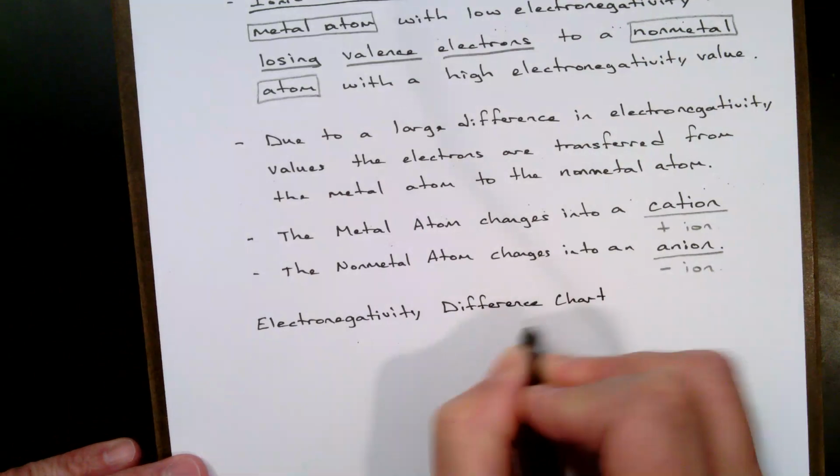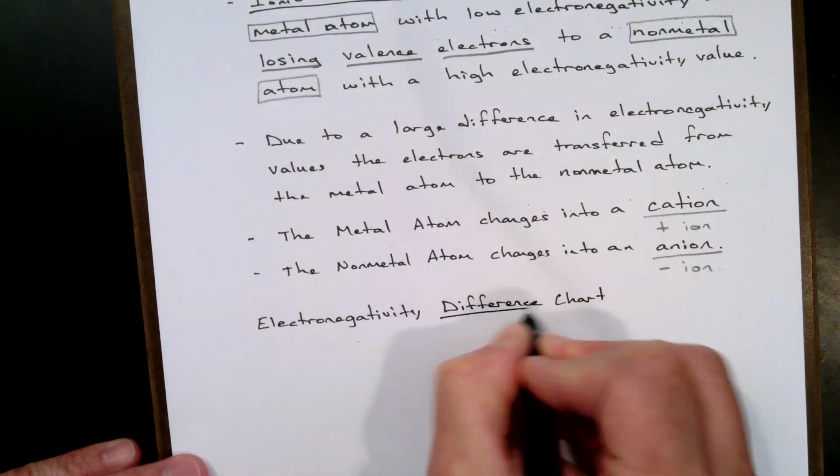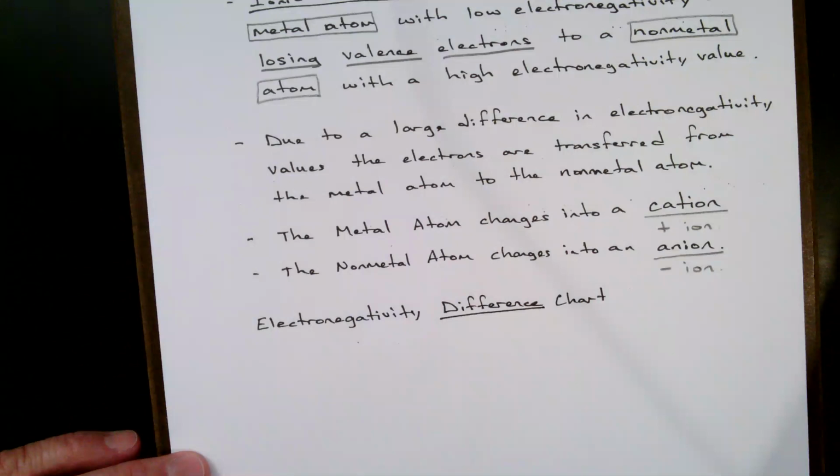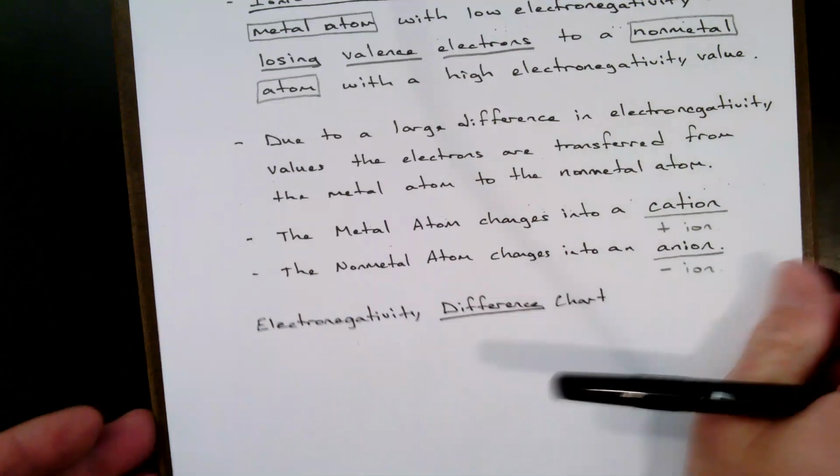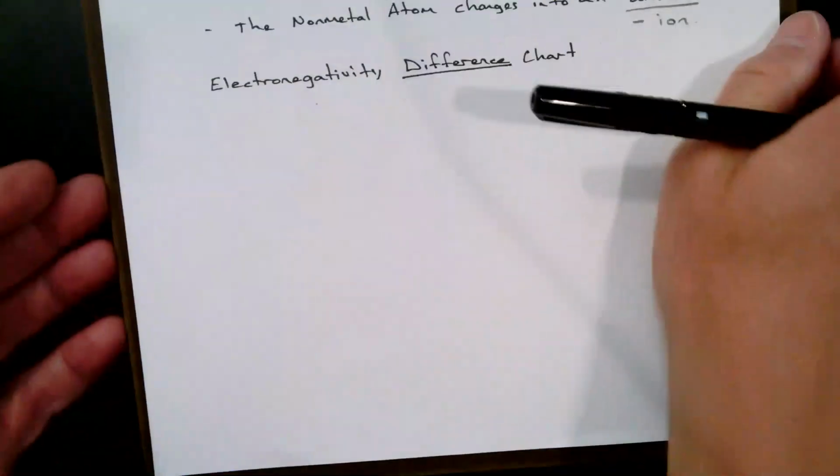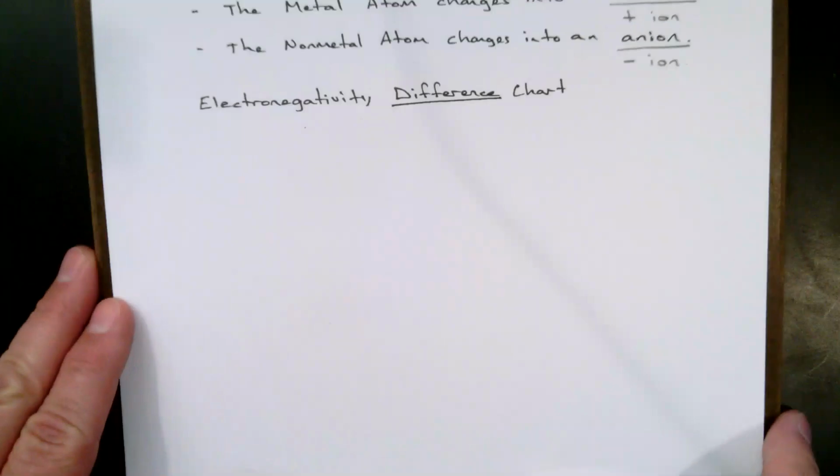So it's not just the value of the electronegativity, it's the difference in electronegativity of the atoms that are involved in the bonding of the ions. So the electronegativity difference chart is going to look like this.